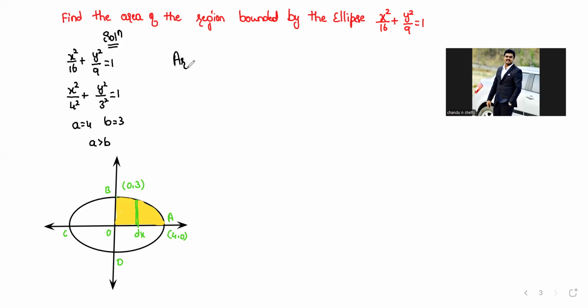The area of the region bounded by the ellipse is equal to 4 times the area of the first quadrant AOBA.